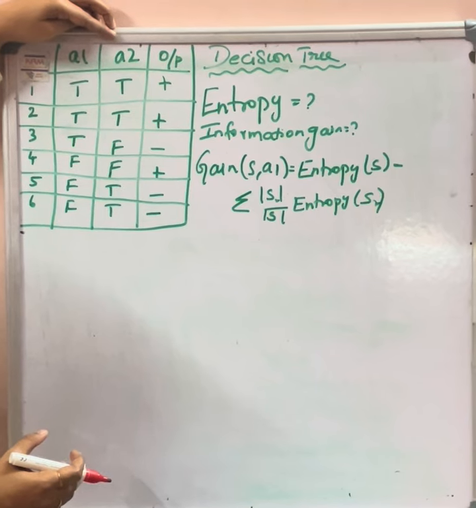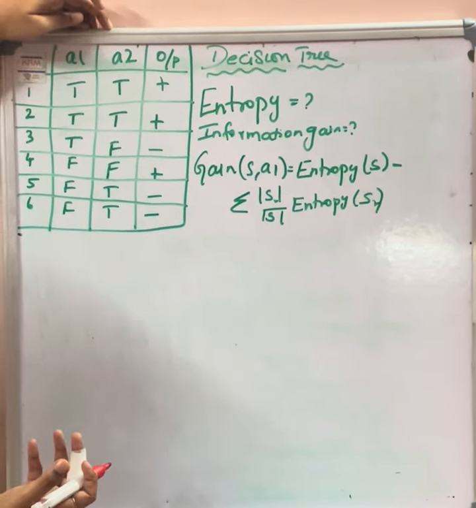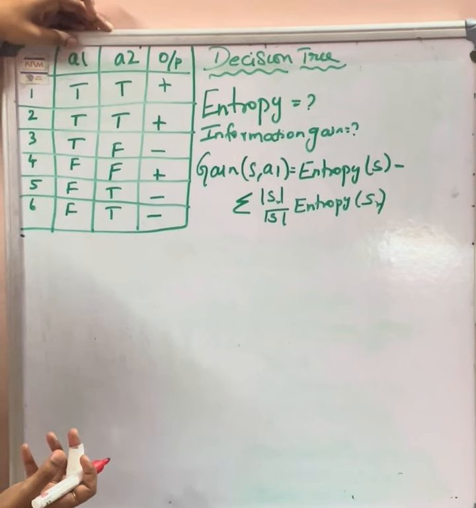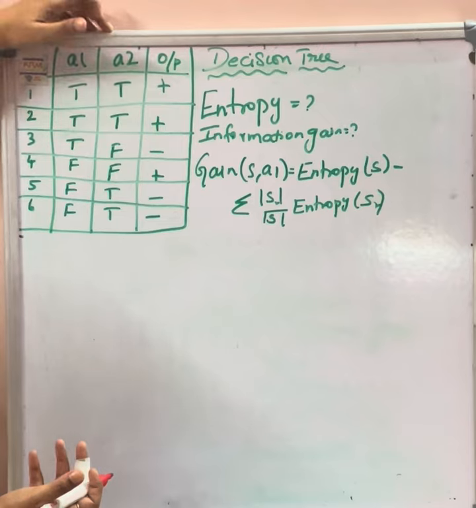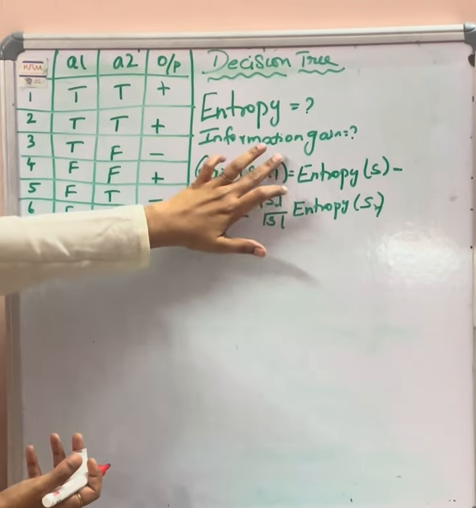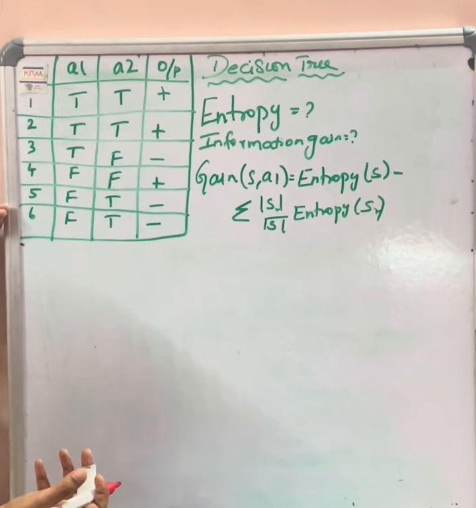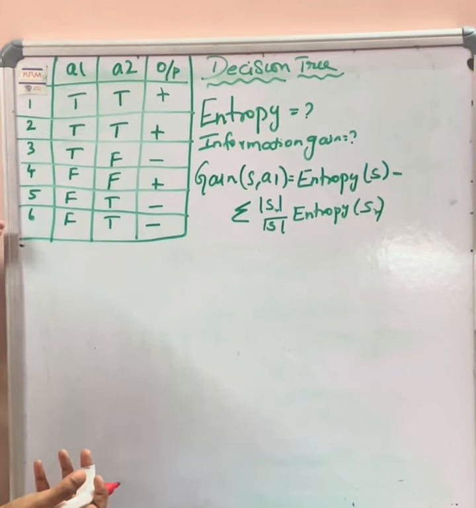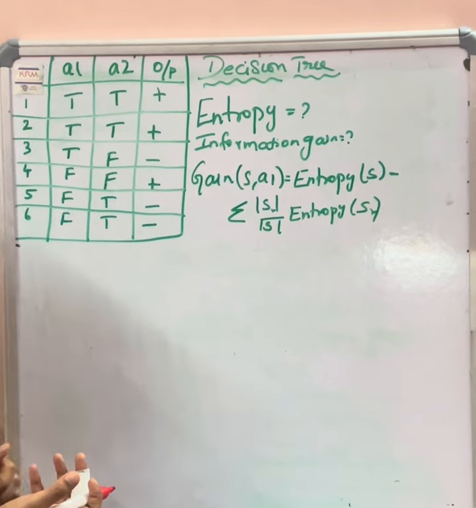That should be calculated, and whichever gains more information comparatively should be placed as the root node in the decision tree. So first we have to identify the information gain of each and every attribute based on the samples given, and then we will decide which feature has to be placed at the root node.